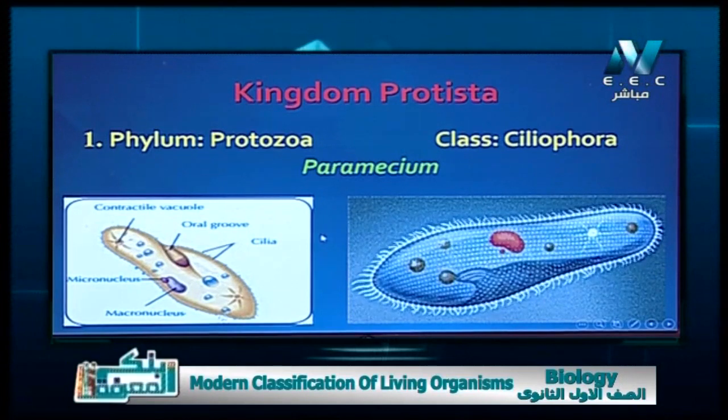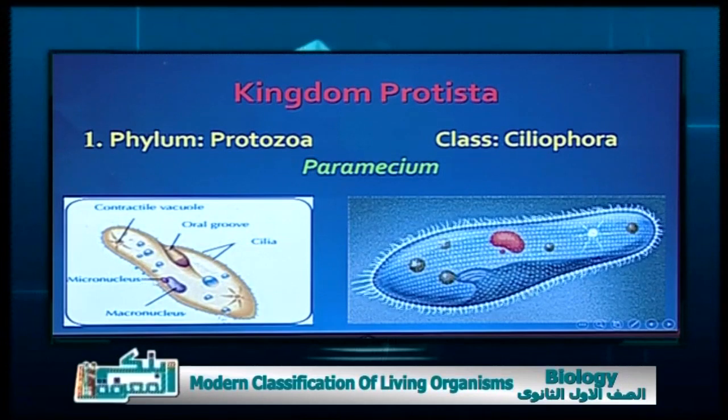So in amoeba, the movement was by pseudopodia, and in this organism, which is called paramecium, the movement is by cilia. The structure of paramecium, it's slipper shaped, as you see, and it has two nuclei. One is a small micronucleus and one is a large macronucleus.